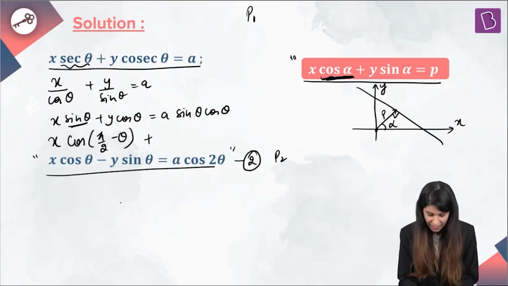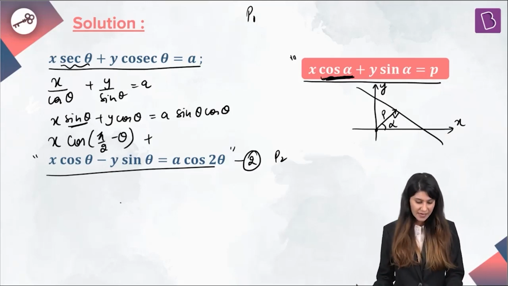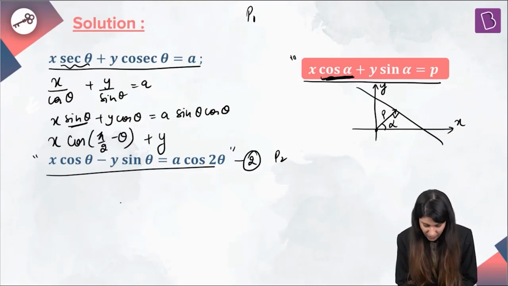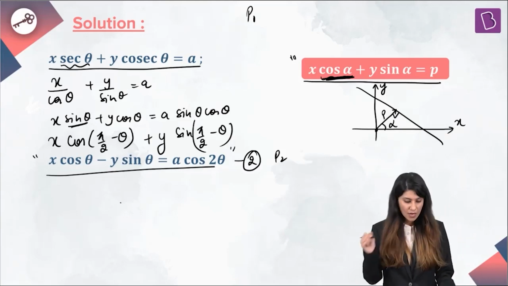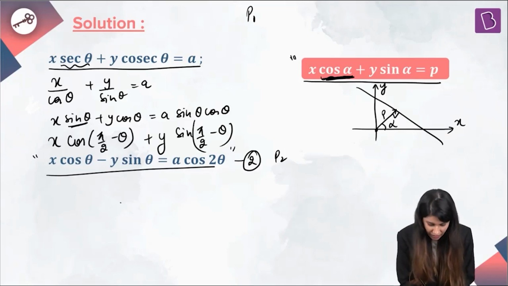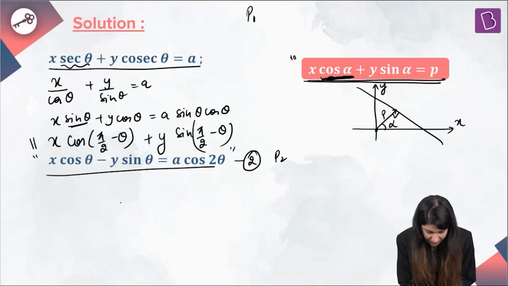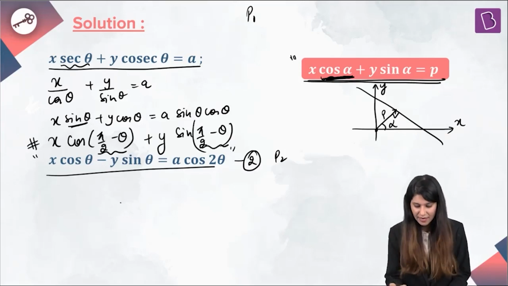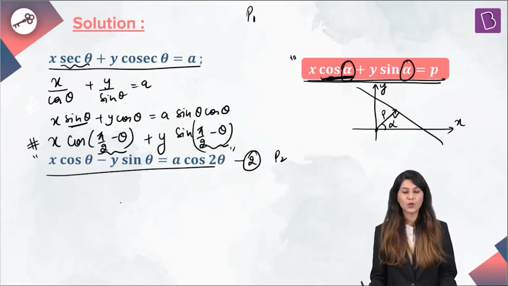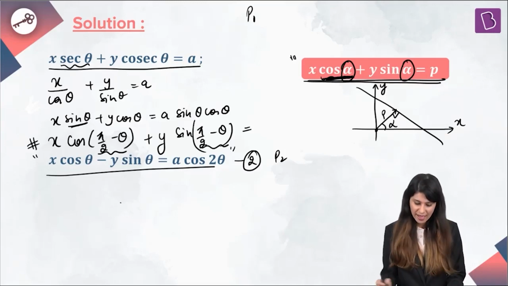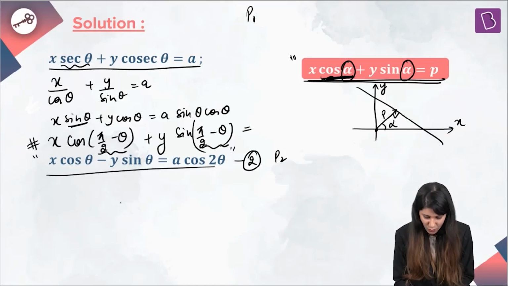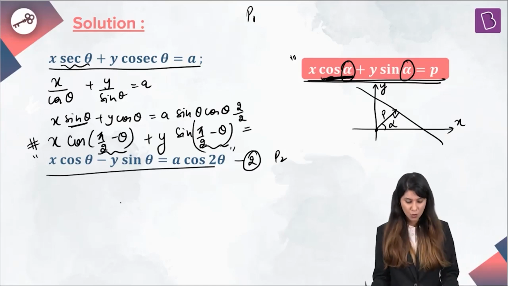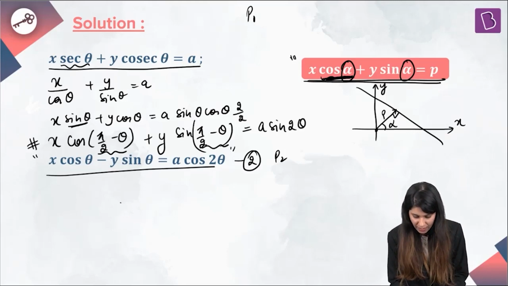Similarly, I'm going to replace this by y sine of pi by 2 minus theta, since y has cos theta. So here, if I compare this normal form with this equation now, pi by 2 minus theta is alpha. On the right hand side, what do I have? The same thing, a sine theta cos theta. And if I multiply by 2 and divide by 2 on the right hand side, what do I get? a sine 2 theta by 2.